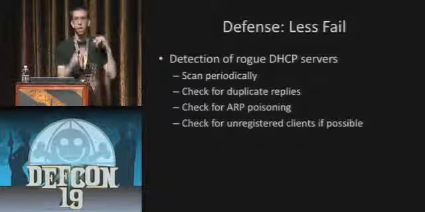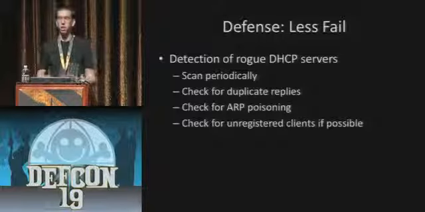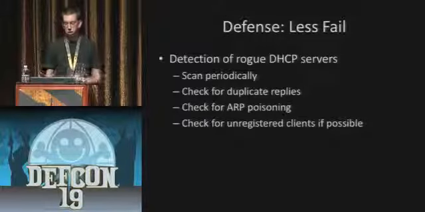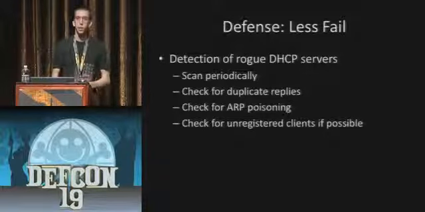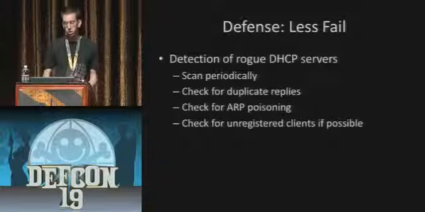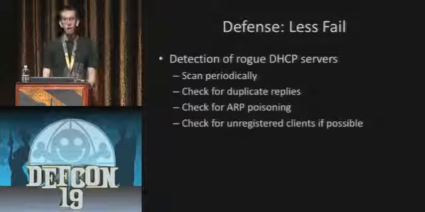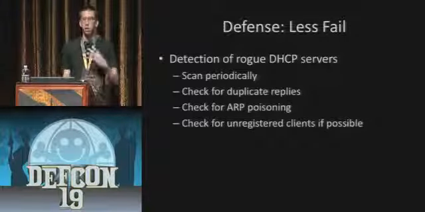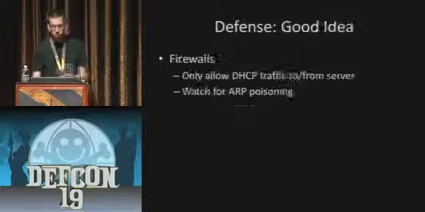You'd have to do it right as they were booting. But that is another thing that you could check for on the detection side. And unregistered clients, if somebody was using the plug-into-the-switch style attack. So at least, hopefully, you have some mechanism of detecting anomalies on your network like this.